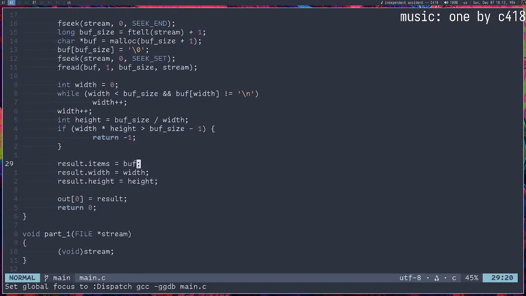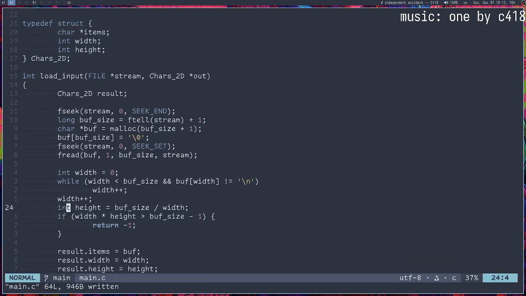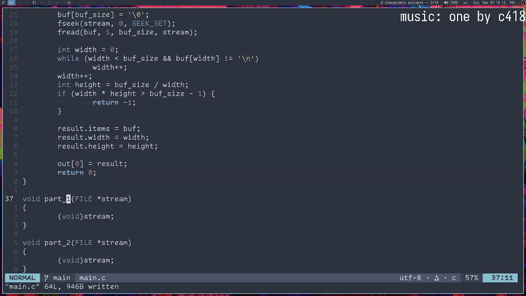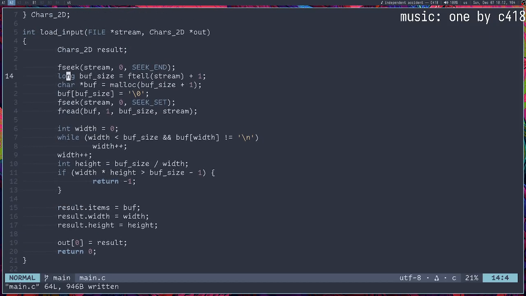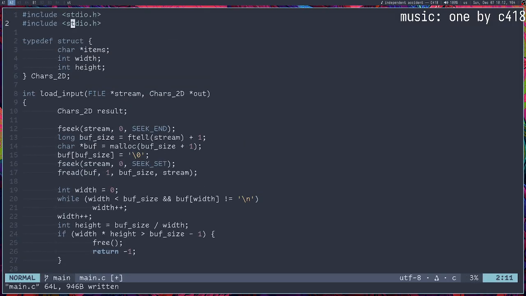So I read this file into a structure like this, which I know we can later free. I can even free it here. Need stdlib for that.